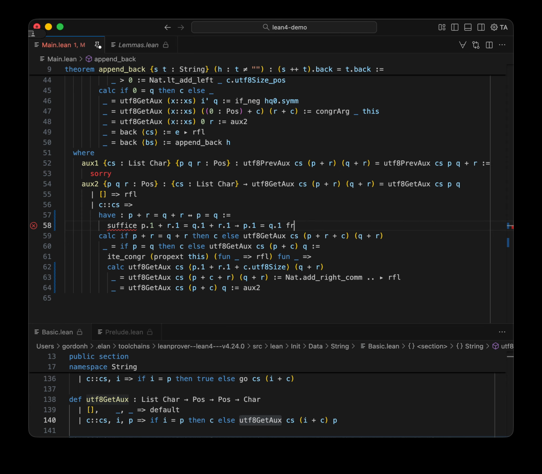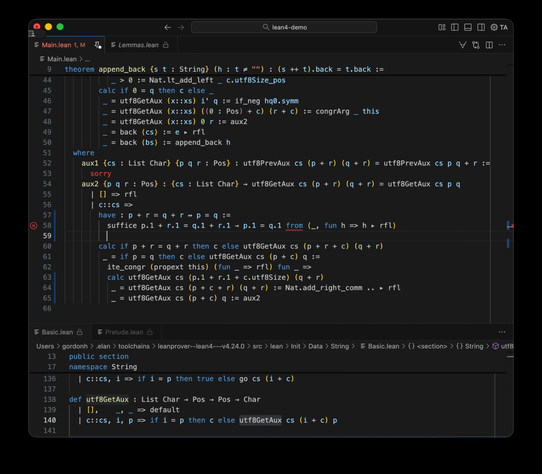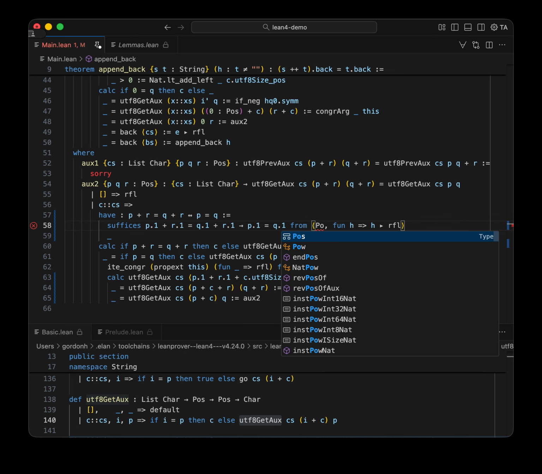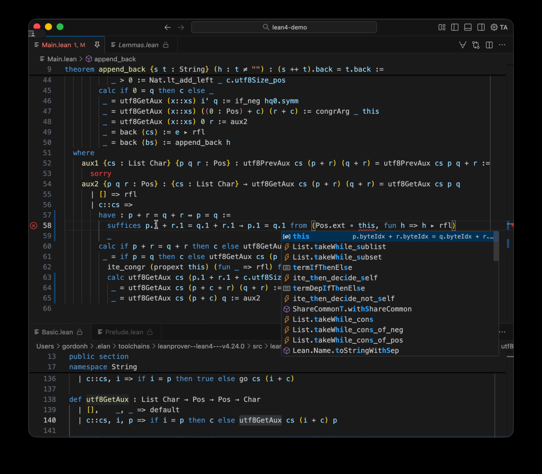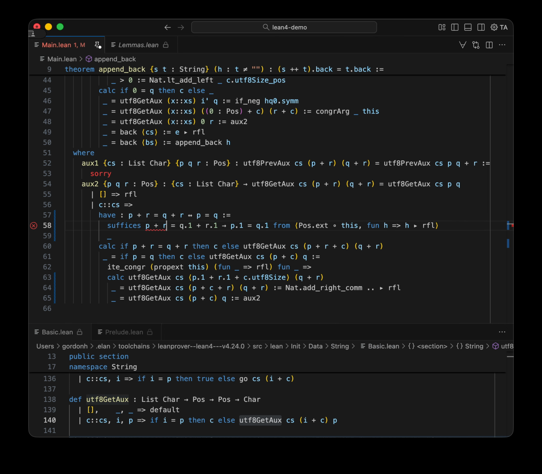Let's see. Suffices extensionality. Oh, no. We're ahead of ourselves. It should be like this.